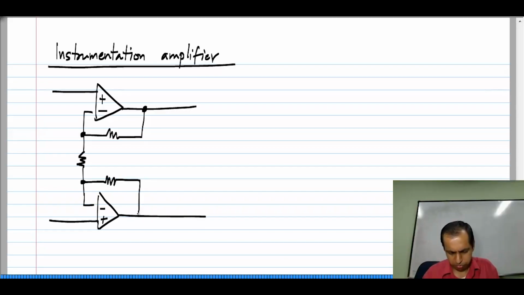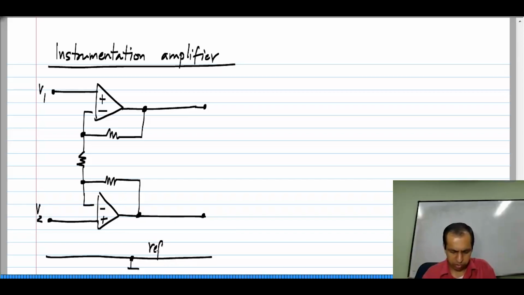This has two op amps and you will be able to verify that each of them is in negative feedback. And let us say I have V1 and V2 at the two inputs. Again, this means that they are V1 and V2 with respect to some reference node.